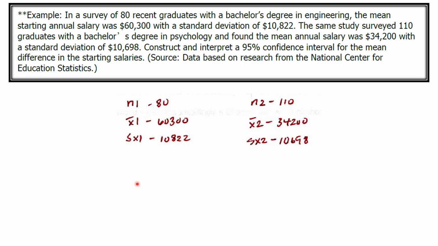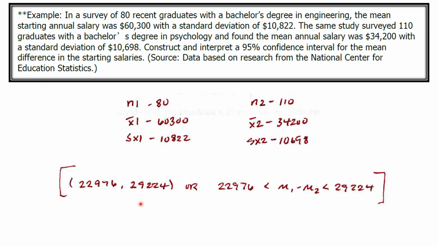Then we have our data for our second sample, which is psychology. Our sample size is 110. Our mean is 34,200, and our standard deviation is 10,698. So we would go into our calculator now to the 2-sample T interval, and we would then calculate our confidence interval.